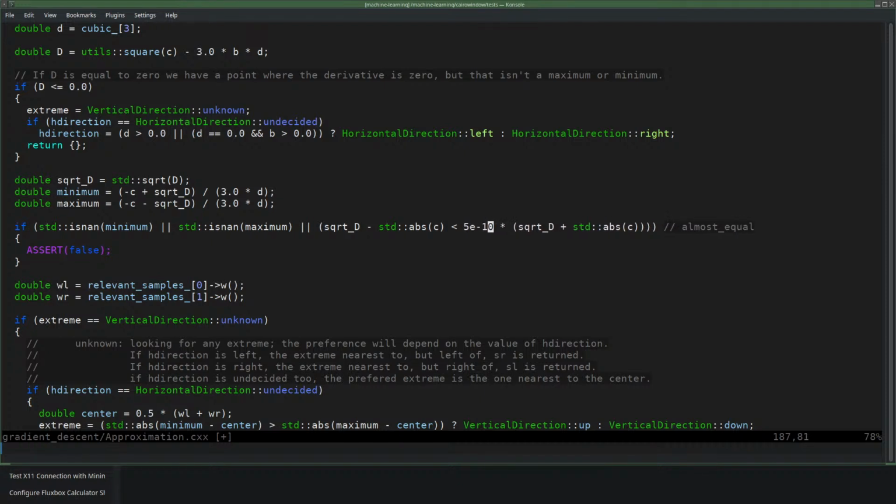Include 15. And then this is the... I still need to take the absolute value of this, right? Because this could be negative.